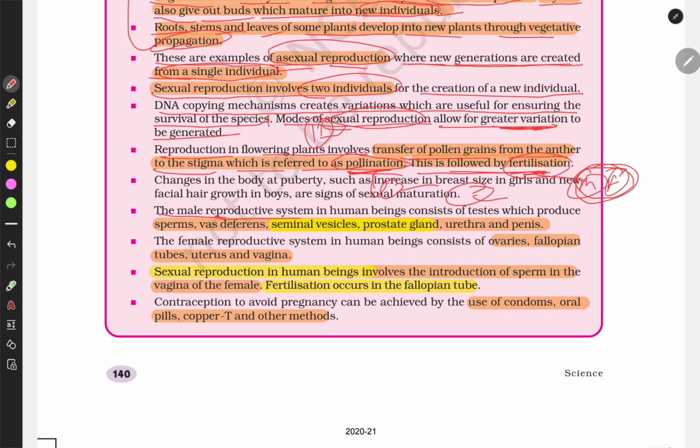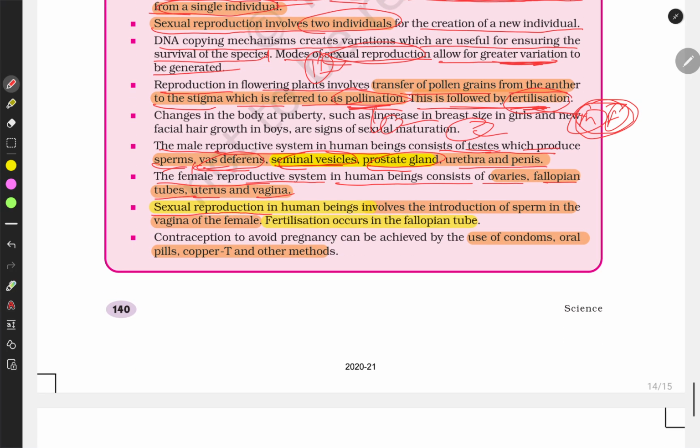Male reproductive systems in human beings consist of testes, which produce sperms, vas deferens, seminal vesicles, prostate gland, urethra and penis. Female reproductive systems in human beings consist of ovaries, fallopian tube, uterus, and vagina.